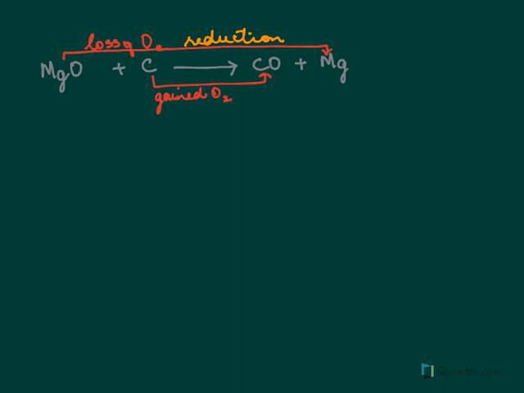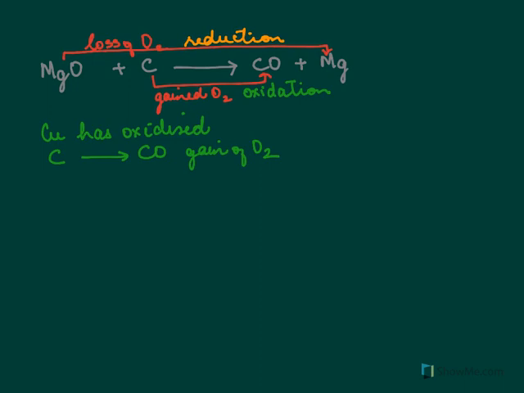And gain of oxygen is called oxidation. So here we see that carbon is oxidized. The substance oxidized is carbon because C has become CO and there's been a gain of oxygen.